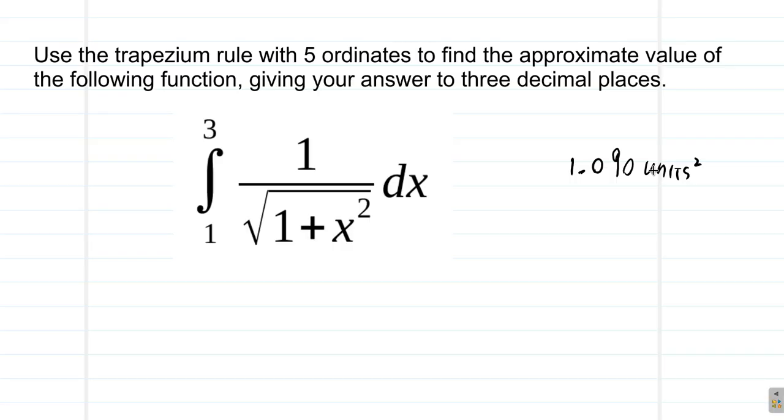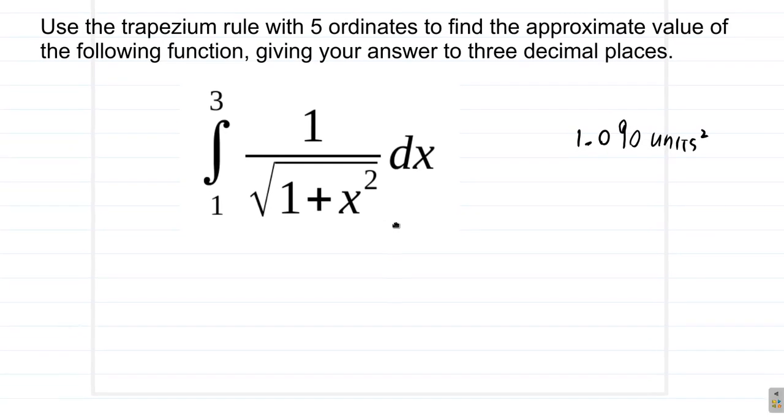Now let us look at the question here now. Let us do a little sketch. It's always nice to do a little sketch to get some visual picture of what you're doing. Now 1 over the square root of 1 plus x squared.